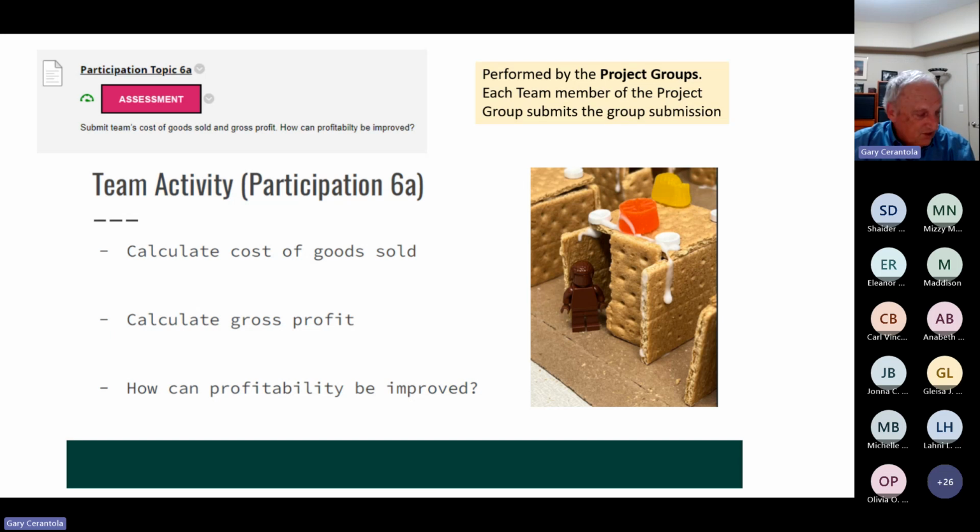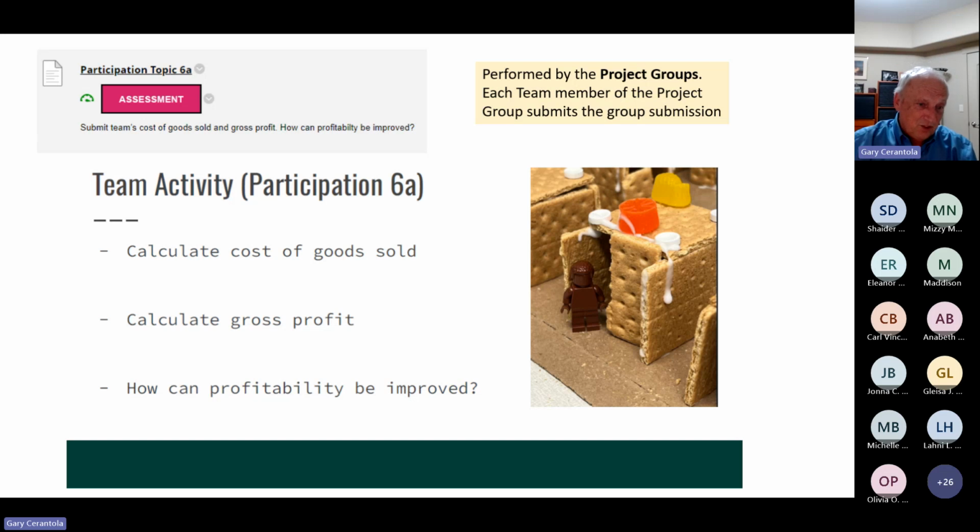What I did was, if you go to the weekly commentary, weekly commentary 6, you're going to see I put in an article on how you can set up your local home bakery kind of thing to calculate costs. There are a lot of ideas there that might give you a better idea of how you can pull this off.